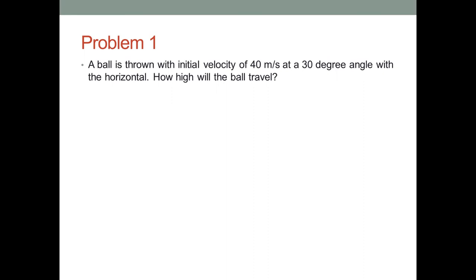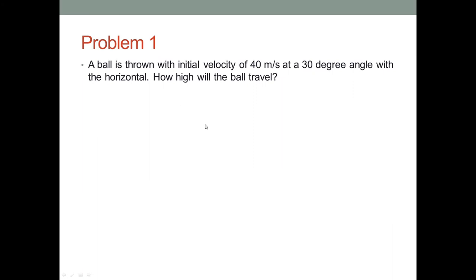Problem number 1: a ball is thrown with an initial velocity of 40 meters per second at a 30-degree angle with the horizontal. How high will the ball travel? I've mentioned this tip so many times, but a lot of people ignore it. When you're trying to solve a physics question, the first two and most crucial steps are, one, drawing a diagram correctly, and number two, extracting information from the question.